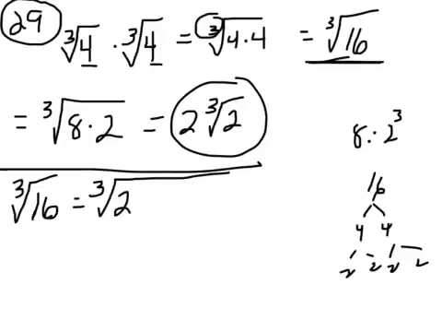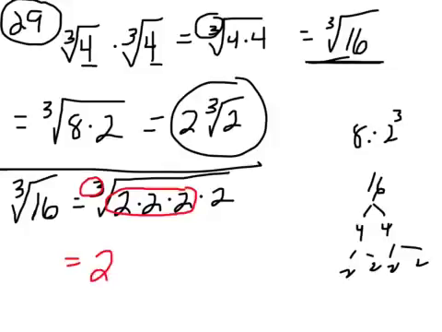So we would have 1, 2, 3, 4 2's underneath the radical. Now a cube root is saying we're looking for 3 of a kind inside. Well, there's 3 2's, so there is one set of 3 2's. That means 1 2 comes out, and then I have the cube root of 2 left over. So you could do it either way. It's more of a preference thing.